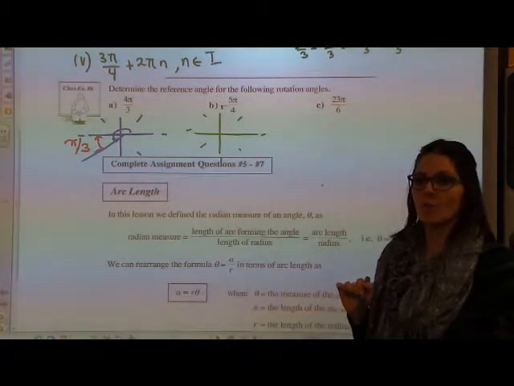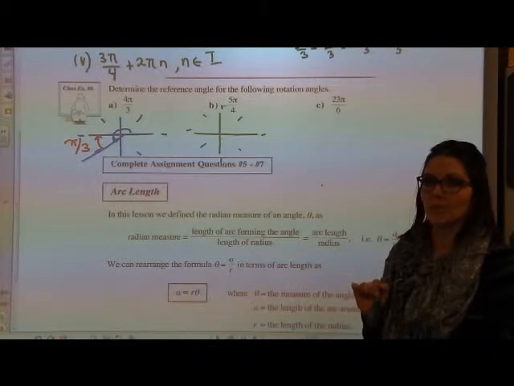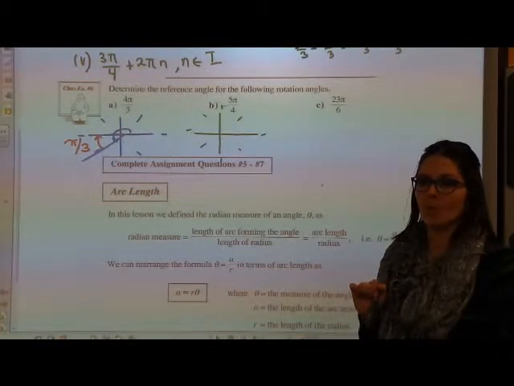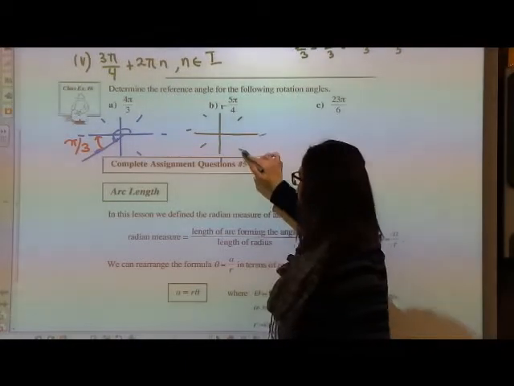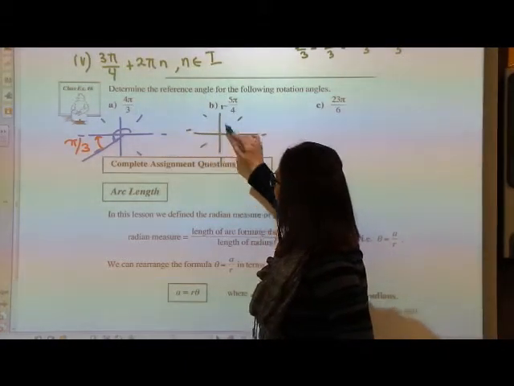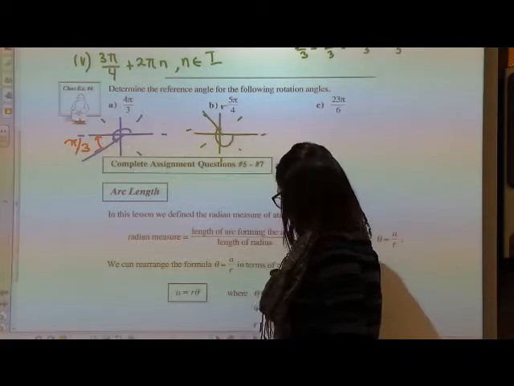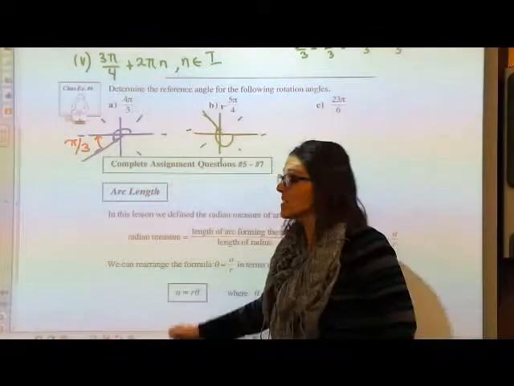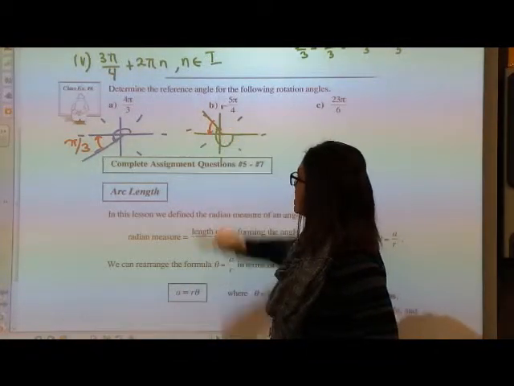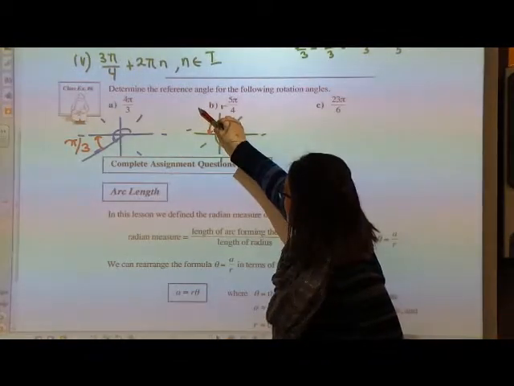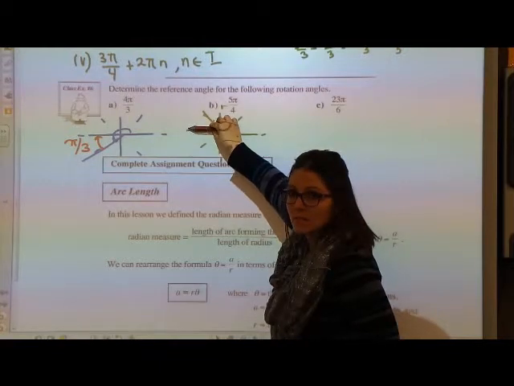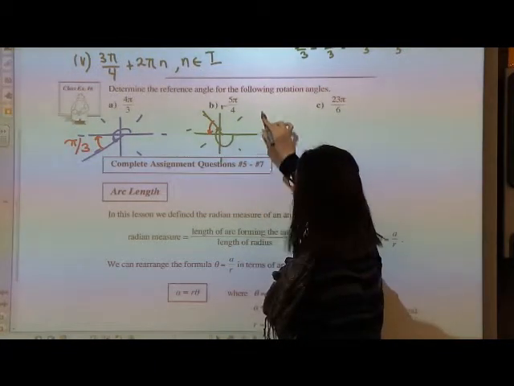Negative 5 pi over 4, what would I do? Where would I find it? Going clockwise. 1, 2, 3, 4, 5. So this is the rotational angle. So then the reference angle, I drop it. What does this represent? Pi over 4.